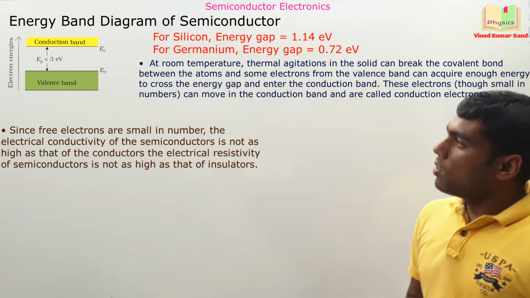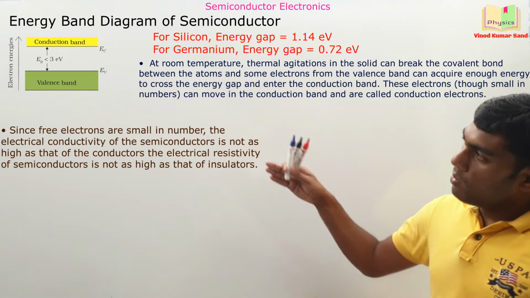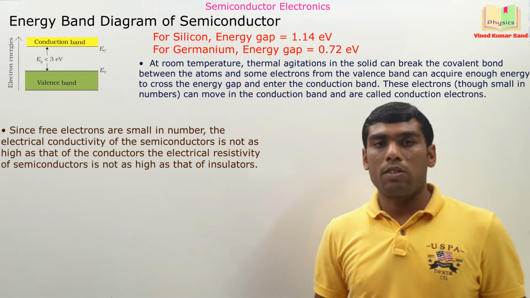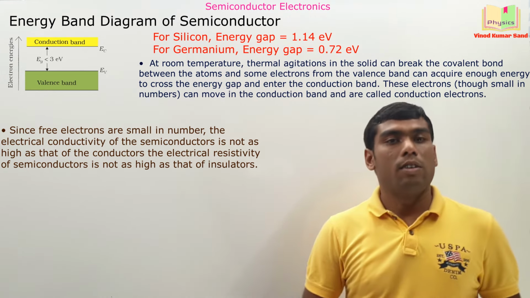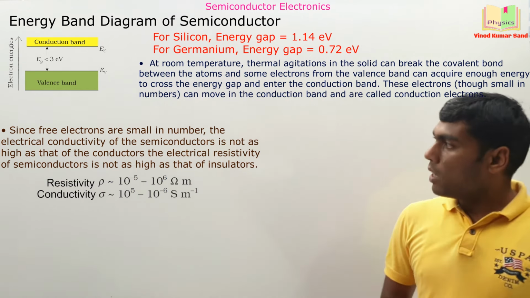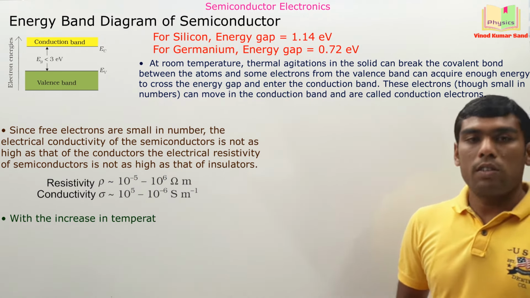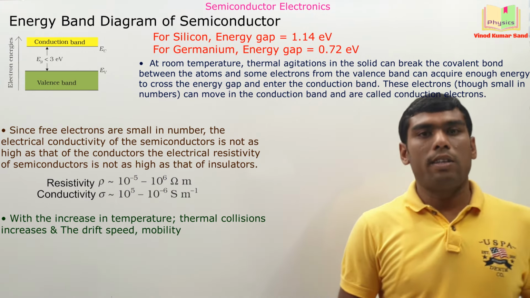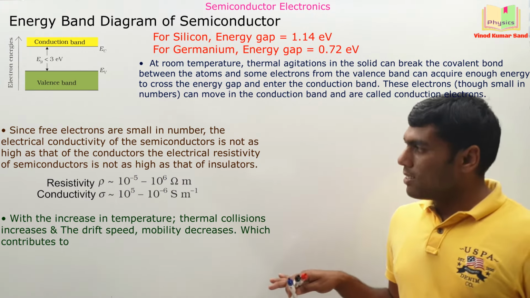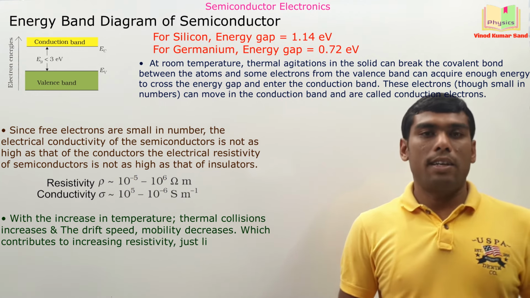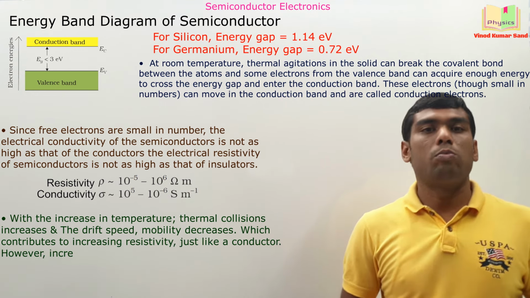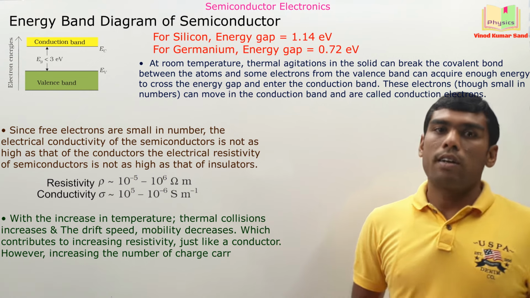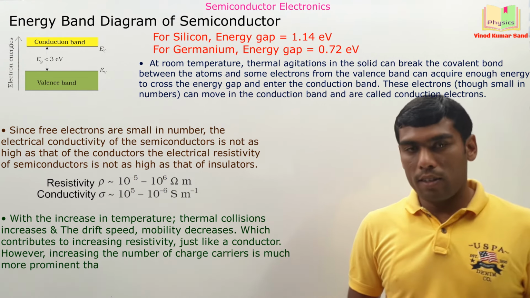If we talk of the electrical resistivity and the electrical conductivity of the semiconductors, here are the values. If the temperature is increased, the drift speed and the mobility of charge carriers decrease, but the increasing temperature leads to breaking of more covalent bonds and the number of charge carriers increases.